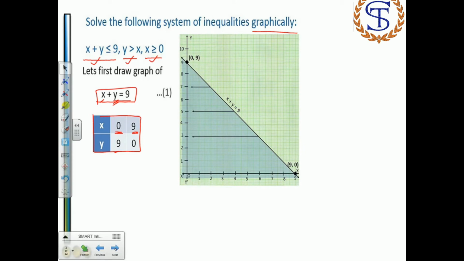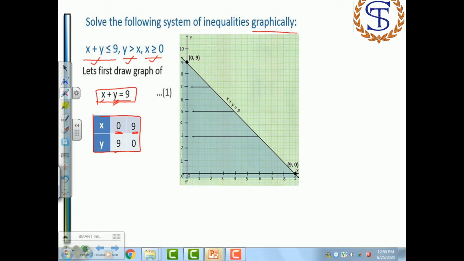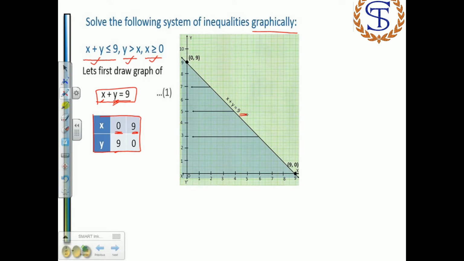In this way, here is the graph of x plus y equals 9. Simply, at x equal to 0, y equal to 9, and for y equal to 0, x equals 9. If we put x equal to 0 and y equal to 0 in the linear inequation, then 0 plus 0 is less than or equal to 9.